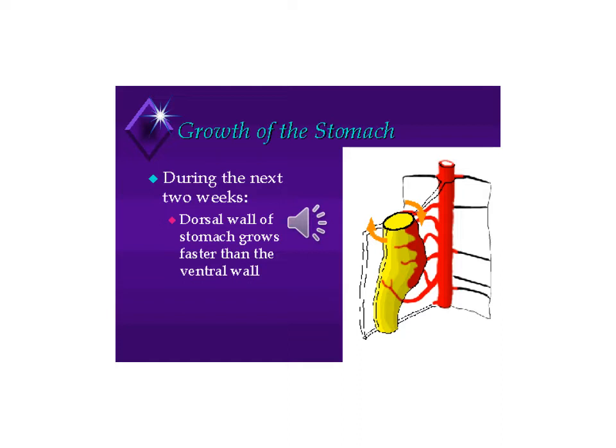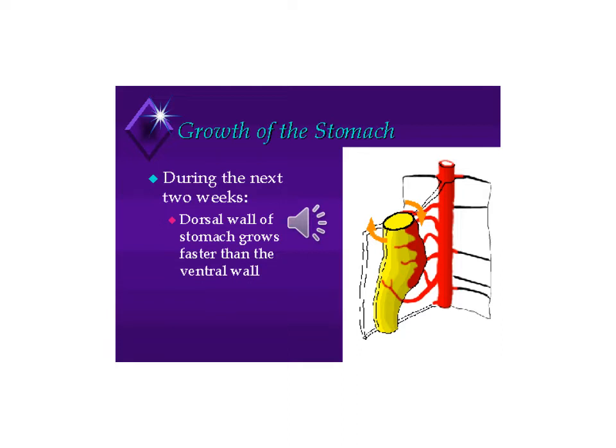By this rotation, there are two vagi, right and left vagi, which will be supplying the stomach on their surfaces. Right vagus supplies the right surface, the left vagus supplies the left. With the rotation, the left surface has become anterior, so the left vagus will become anterior and the right vagus goes posterior.